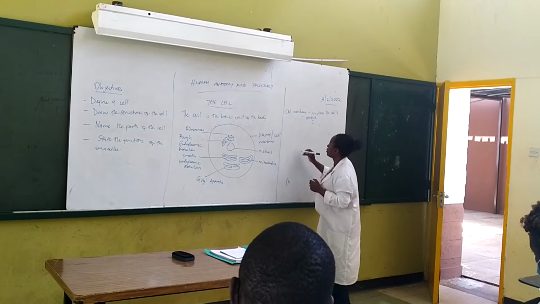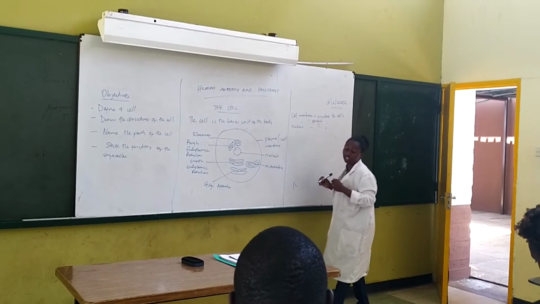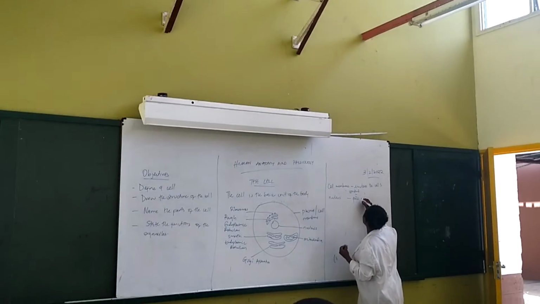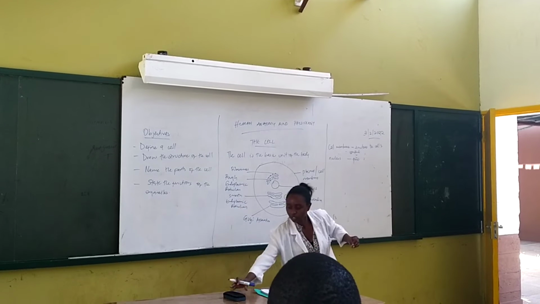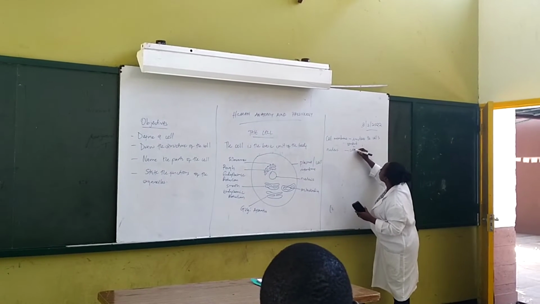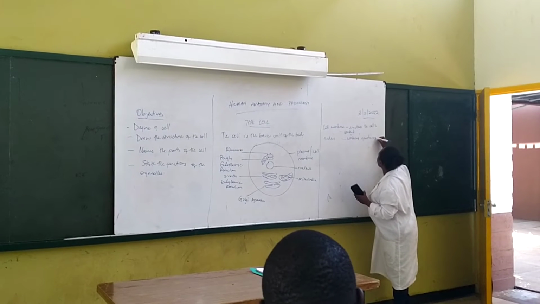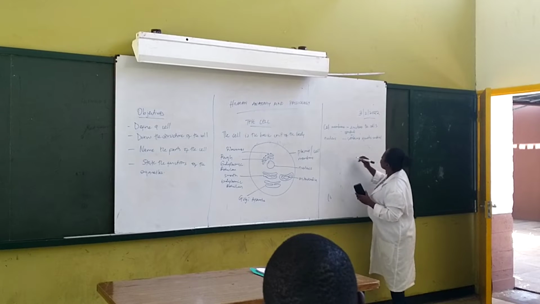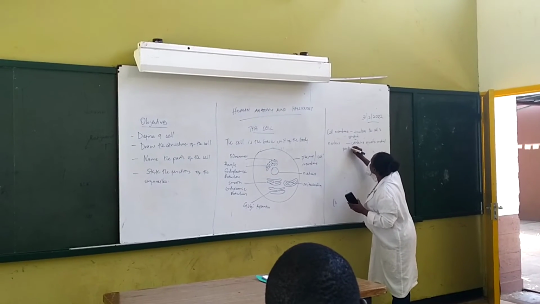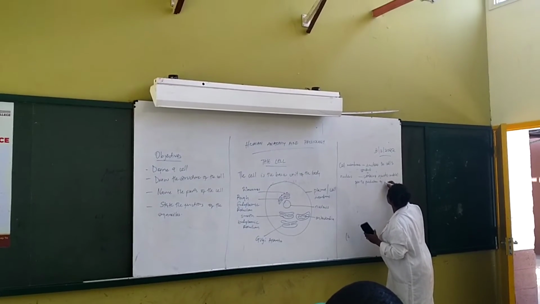Okay, very important. Then we go to the nucleus, and we say that the nucleus contains the genetic material for the production of proteins.